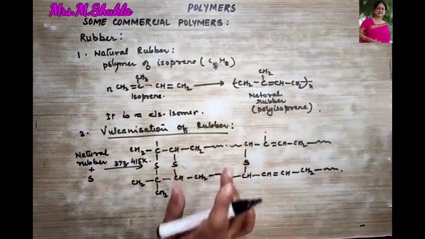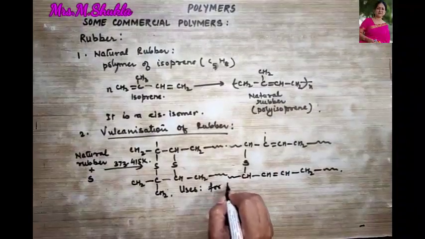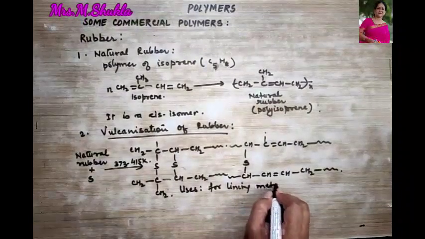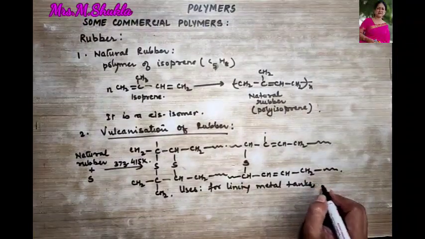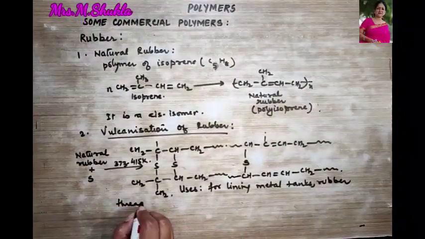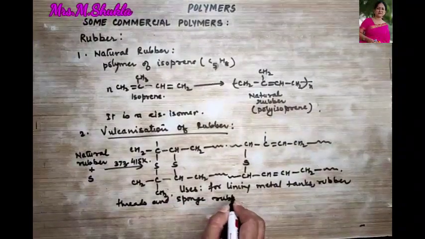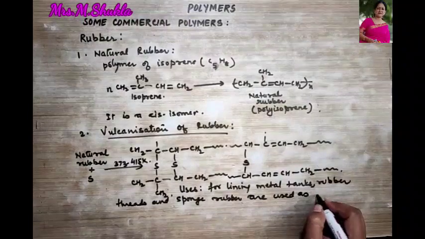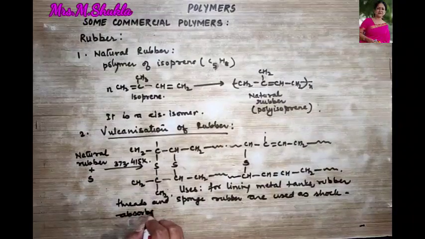Clear? Now what are the uses of it? Writing it down over here. For lining metal tanks, okay, then used where the rubber threads and the sponge rubber are used as shock absorbers, right?